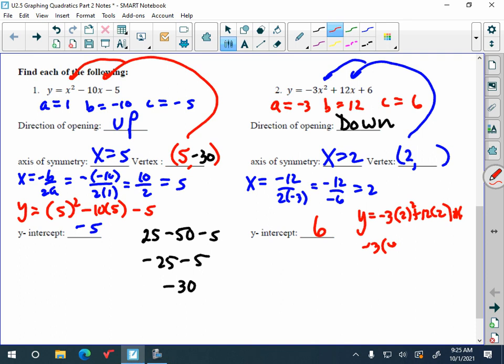Negative 3 times 4. Remember, you have to do 2 squared first before you do negative 3 times 2. Okay, -12 plus 24 plus 6. 12 plus 6, 18. So the vertex is (2, 18).